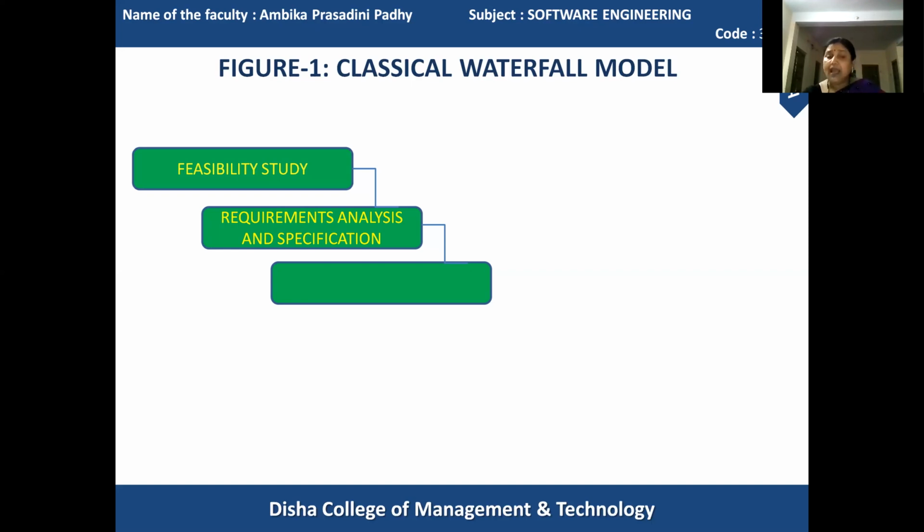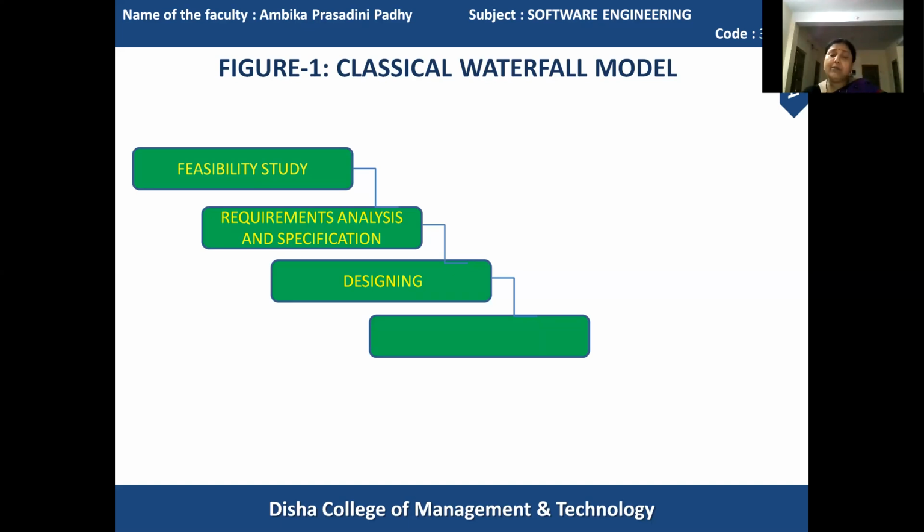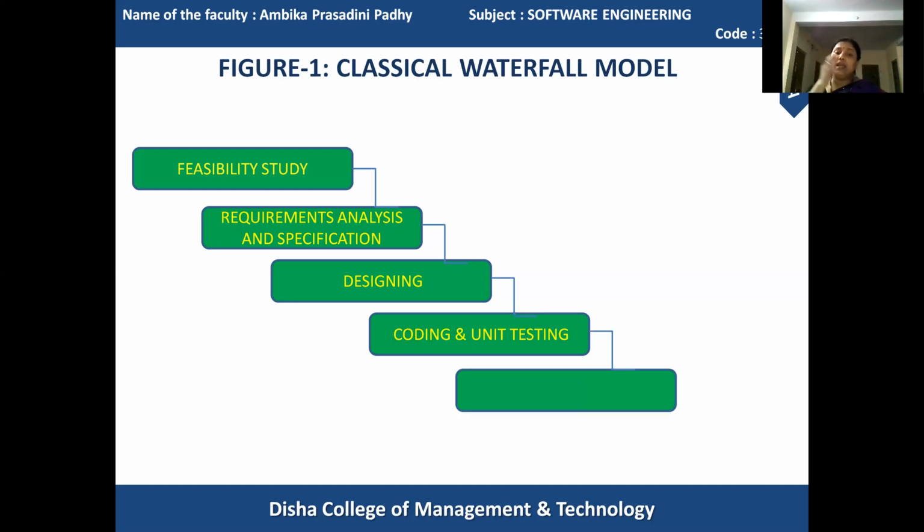Got it? And in the next stage, the information mentioned in the SRS document will be converted into the design. Here, the architectural design of the system will be prepared. Then the coding and unit testing of the designed system will be performed.